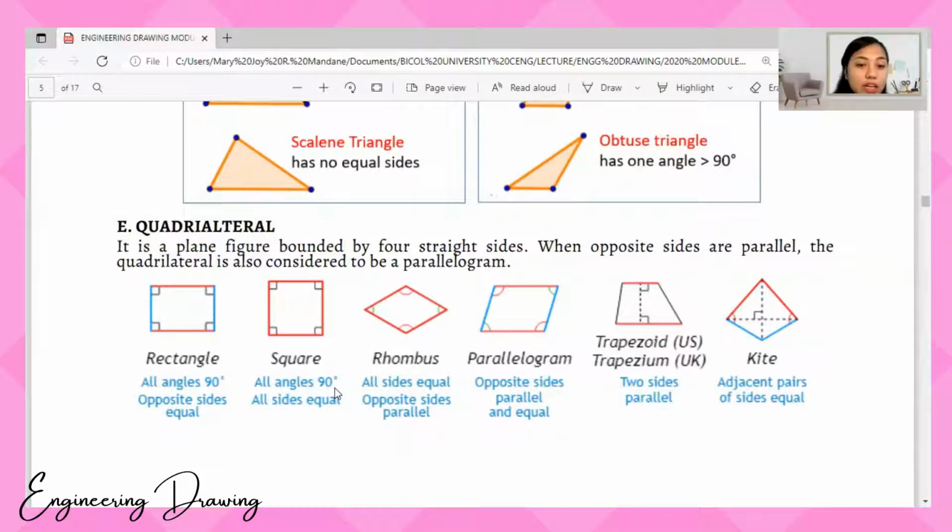Square, all angles are 90 degrees, all sides equal. And rhombus is all sides equal, opposite sides parallel. Parallelogram, opposite sides parallel and equal. And trapezoid, or trapezium in UK, 2 sides parallel, and this is the parallel there. So for kite, adjacent pairs of sides equal. So very basic.